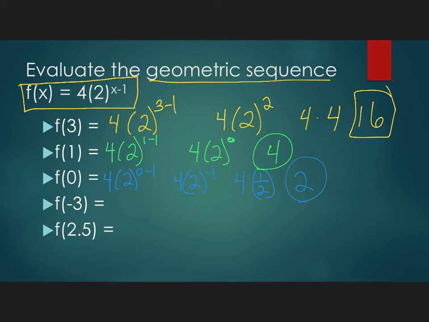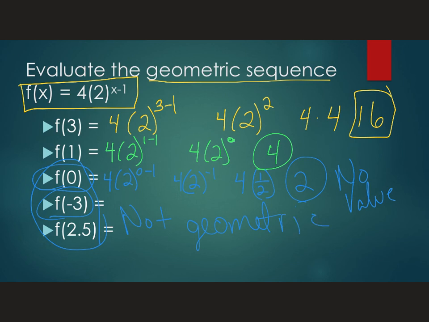So I can evaluate it, but stop for a second. Can there be an f of 0? 0 is not a positive integer, so there is no value, no output for that input. The same thing if we have f of negative 3. These do not fit our rules. Not a geometric sequence.